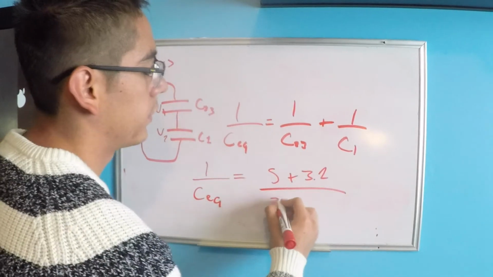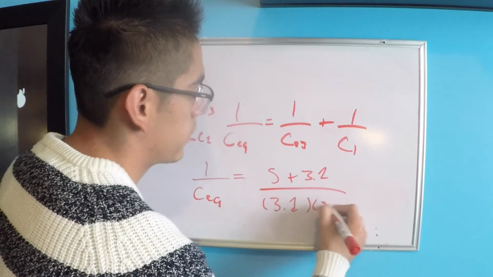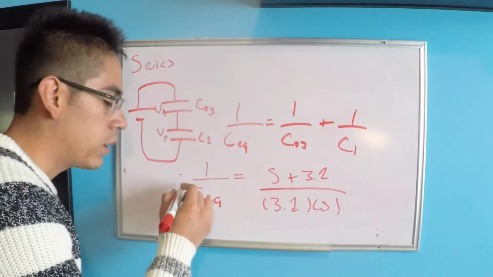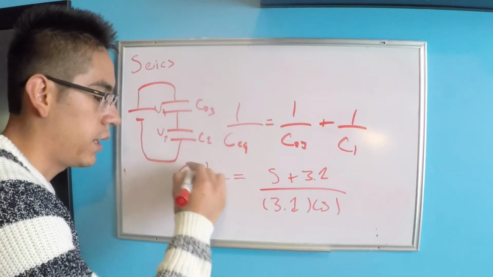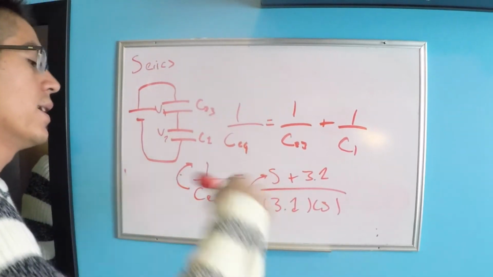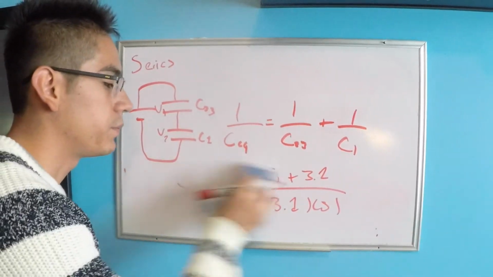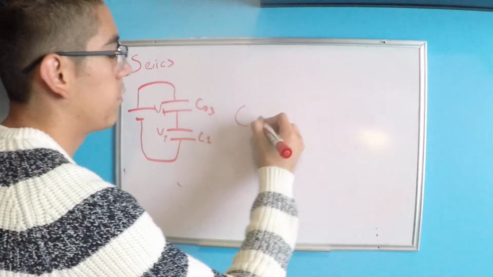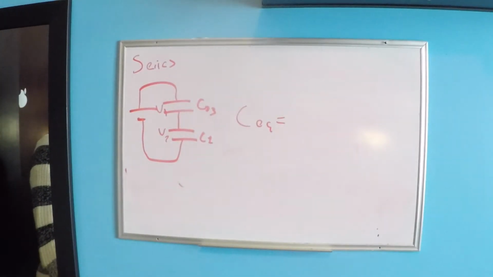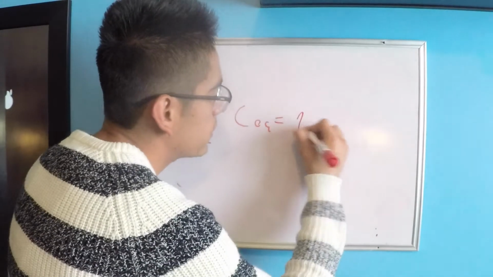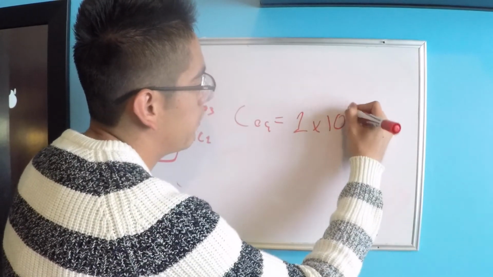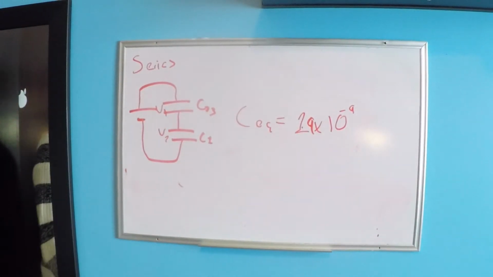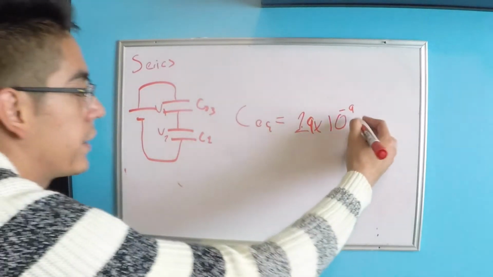So we make this happen, and then we can have a capacitance equivalency that is simple to read, more natural. So we got approximately 1.9 times 10 to the minus 9 farads, nanofarads.